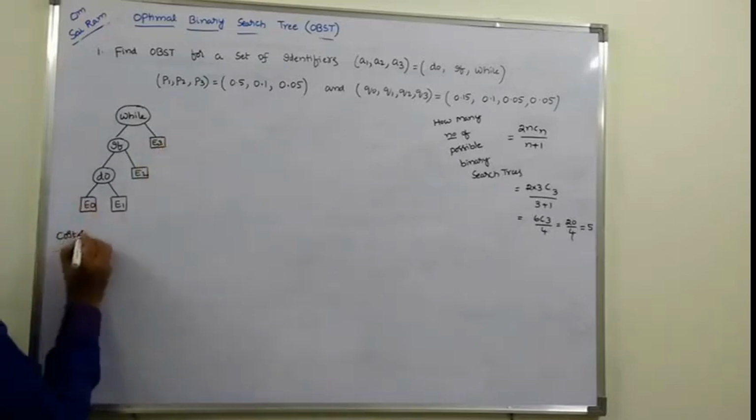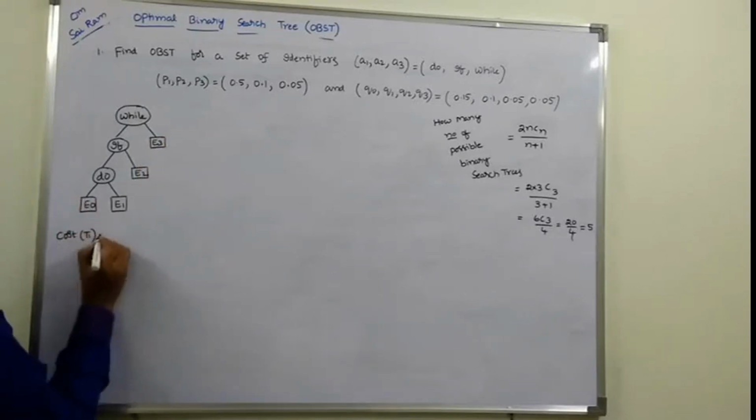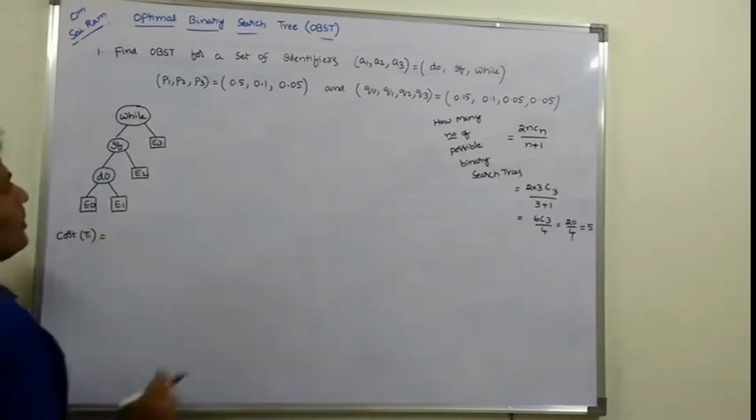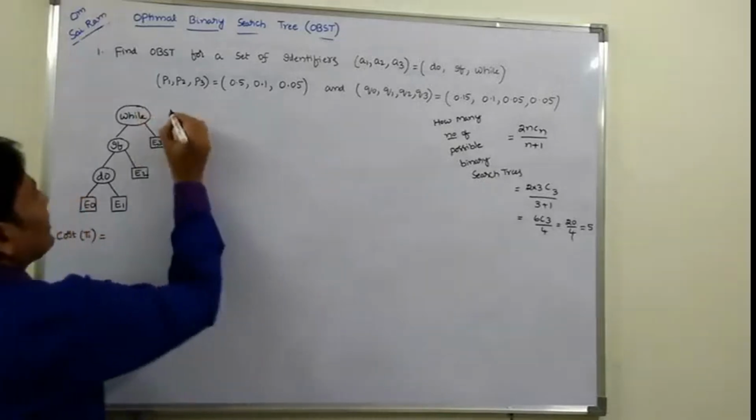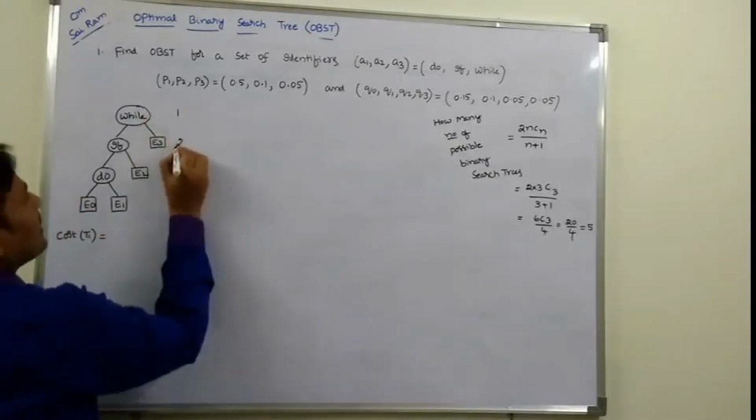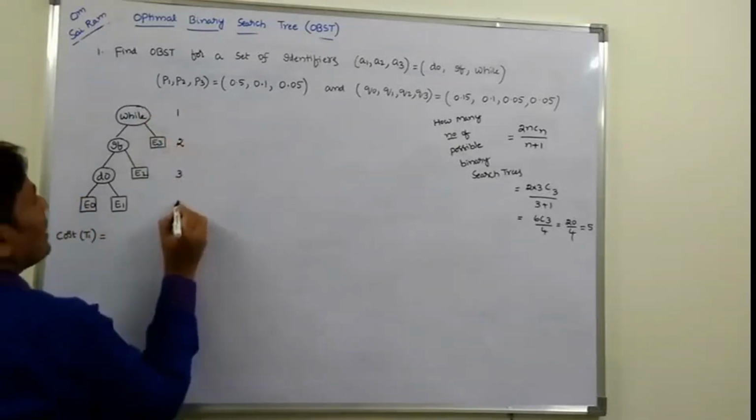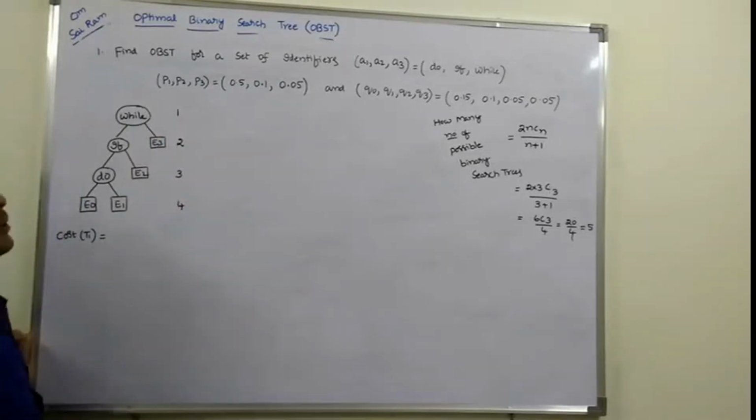So the cost of T1 is equal to, first, while. This is at level 1, this is at level 2, this is level 3 and this is level 4.